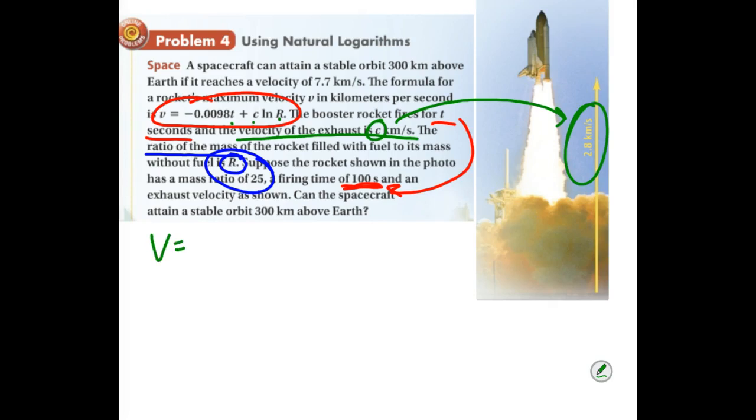So v equals negative 0.0098 times t, and t was 100, plus our exhaust velocity was 2.8 times the natural log of the mass ratio, 25. All right, grab your calculators and type that in.